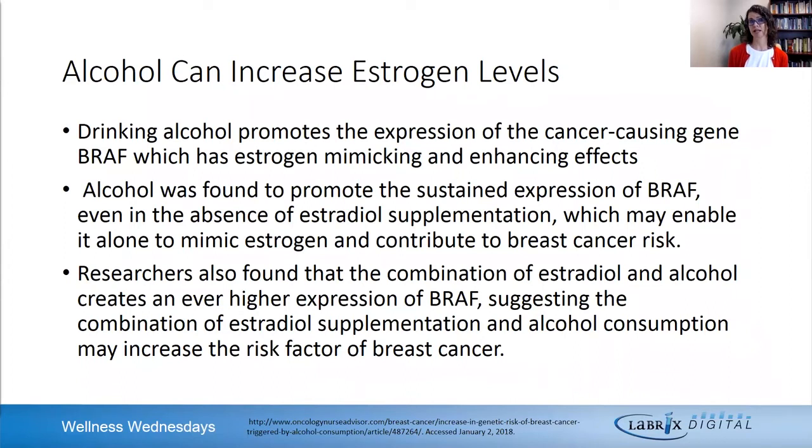So that means that alcohol alone can mimic estrogen in the body and contribute to breast cancer risk. Researchers have also found that the combination of estradiol and alcohol creates an even higher expression of BRAF, suggesting that estradiol supplementation and alcohol consumption may increase the risk factor of breast cancer.